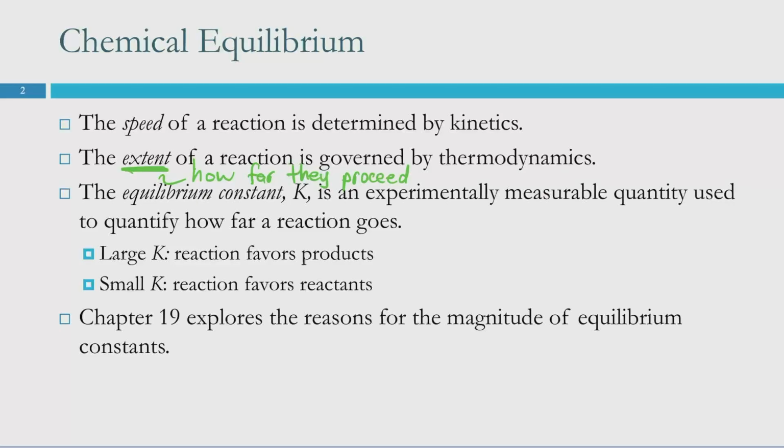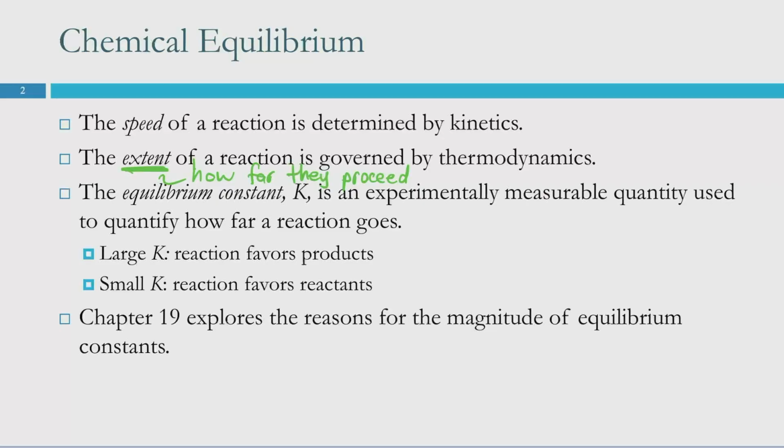So what balance of reactants and products do we have? And our equilibrium constant K is an experimentally measurable quantity that we can use to actually put a number to where that balance lies between products and reactants.